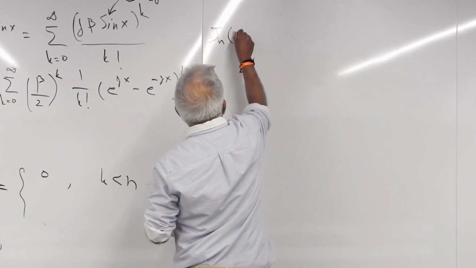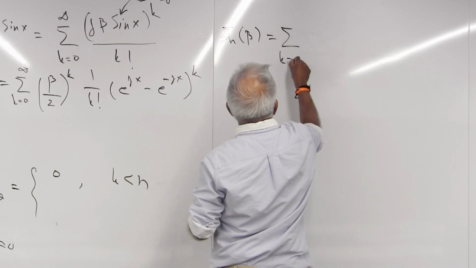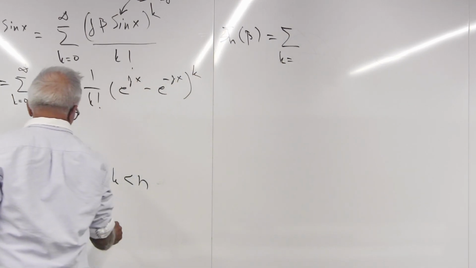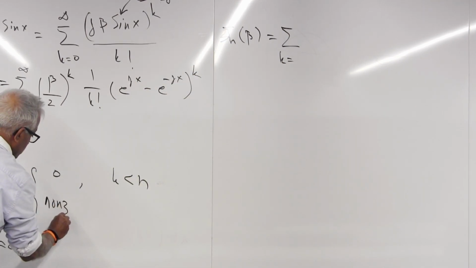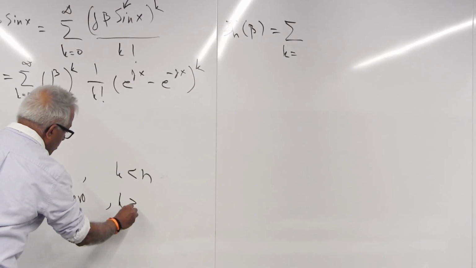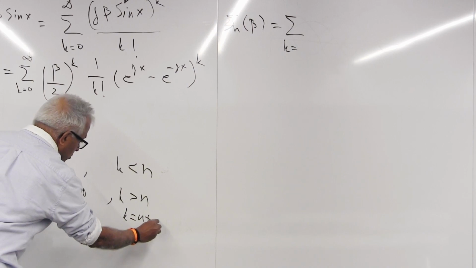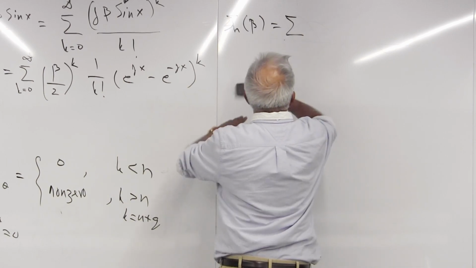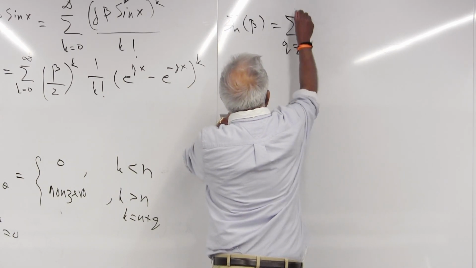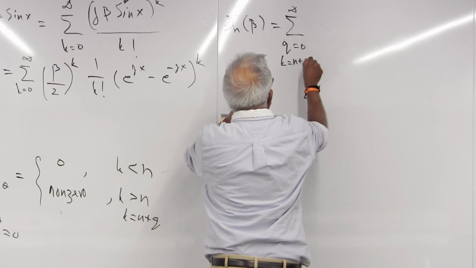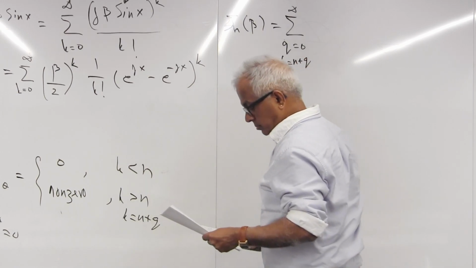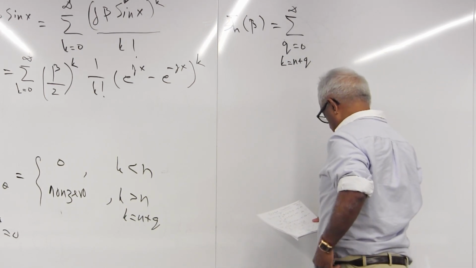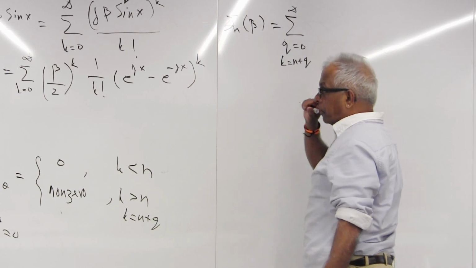So Jn of beta goes from k greater than n, the non-zero terms. So rather than saying k, I'm going to go from q equal to 0 to infinity, with k equal to n plus q, just tagging along all the terms.